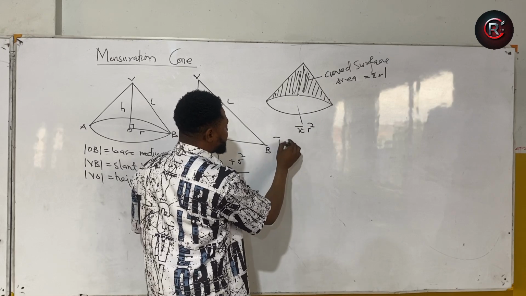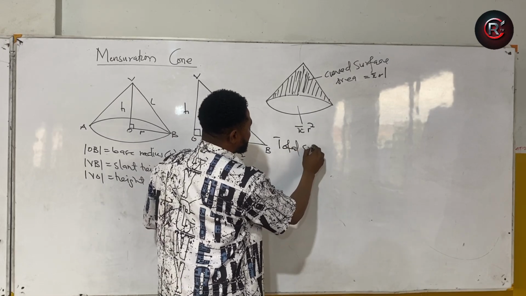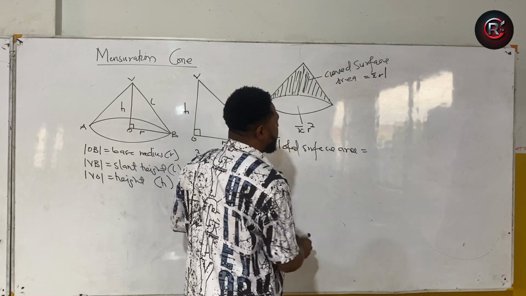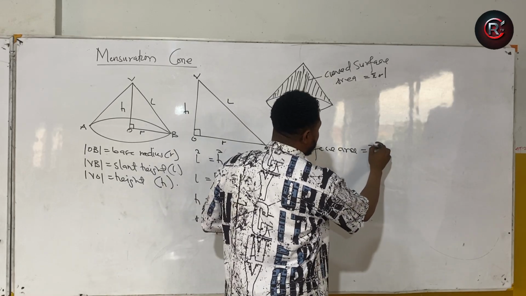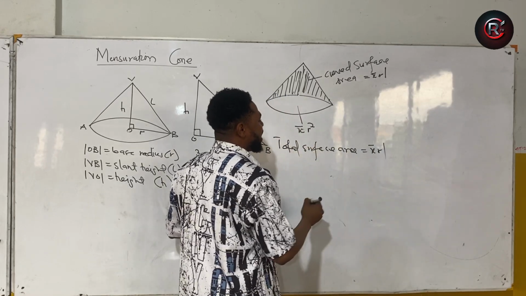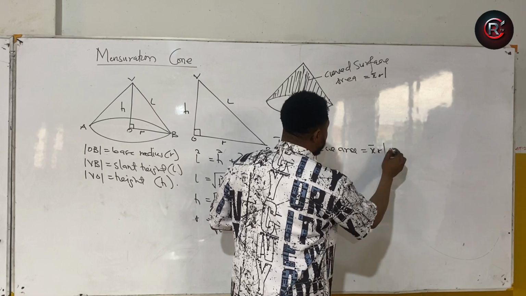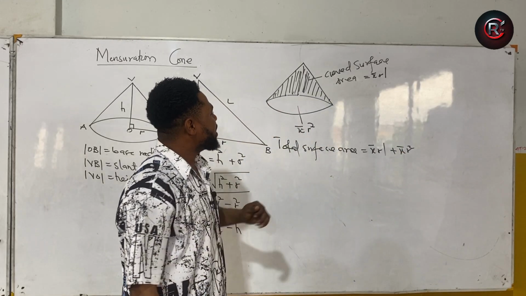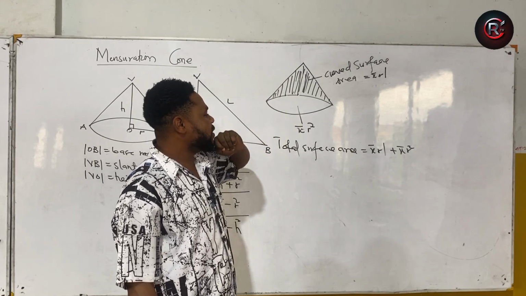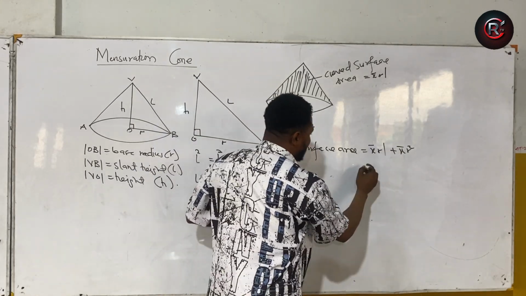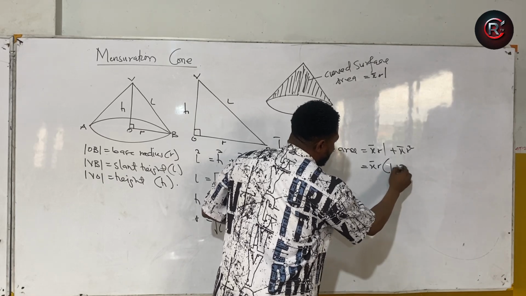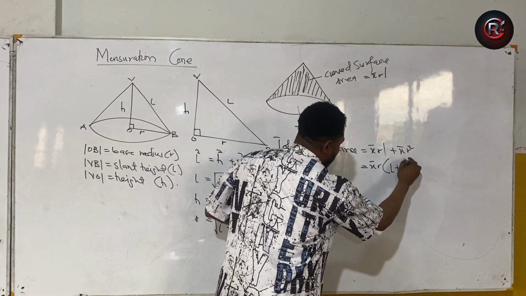Therefore, the total surface area of the cone will be given as the curved surface area, pi rl, plus the area of the circular base of the cone. Therefore, we can simplify this formula by saying pi r out, L plus what? R.